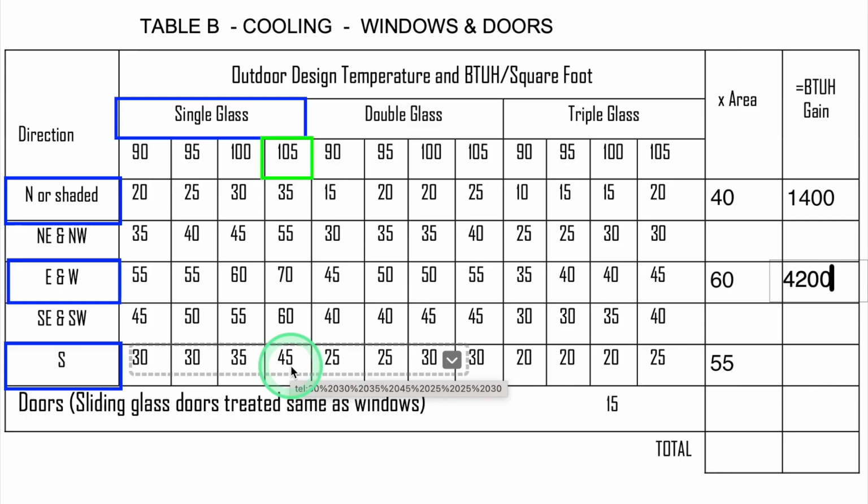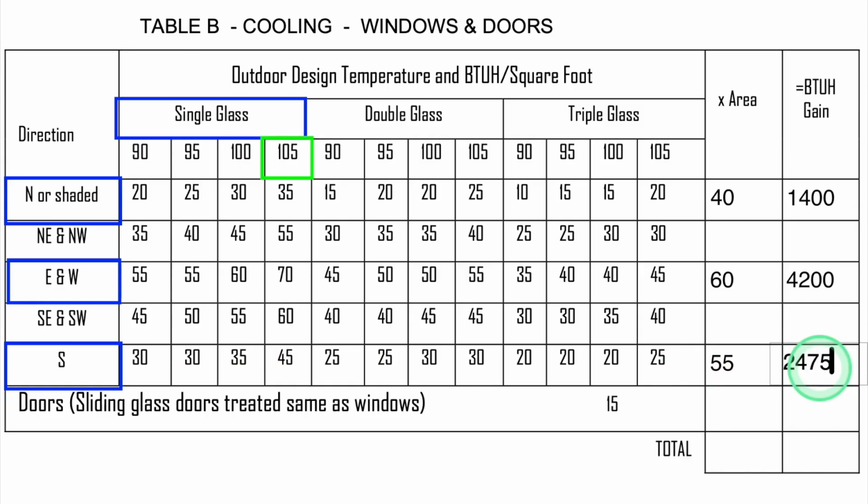So we're going to put 45 BTUs times 55 square feet, and that's a collection of all the window area on the south facing wall. So 45 times 55 equals 2,475 BTUs.